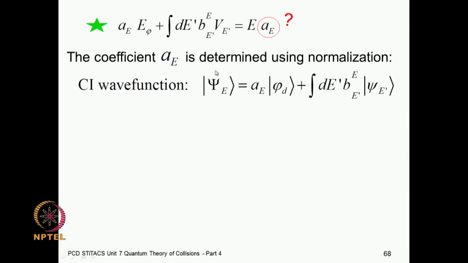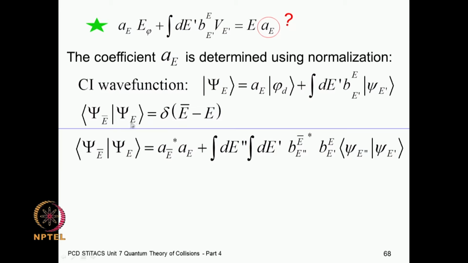Your configuration interaction state is a combination of the discrete state and the continuum state. The discrete state is weighted by this coefficient A. This is what we want to determine. These states are of course Dirac delta normalized. So, if you take this Dirac delta on the left, then on the right side you have a projection of this on itself.